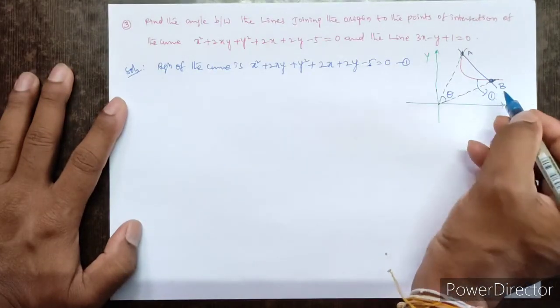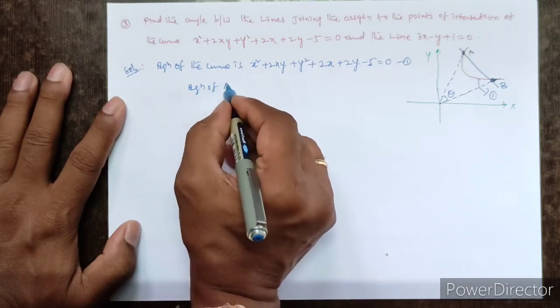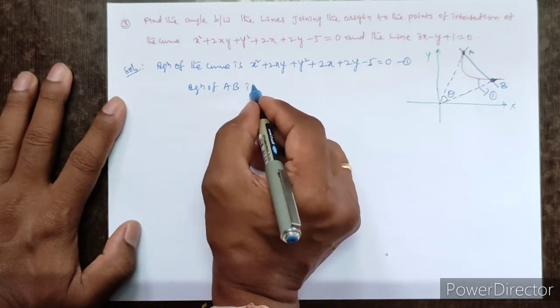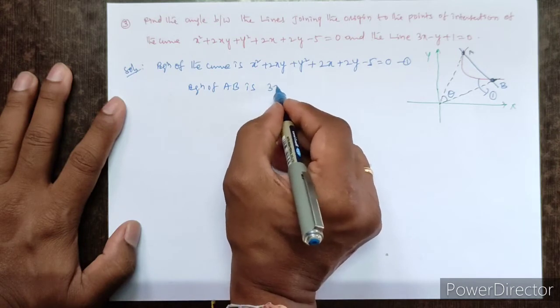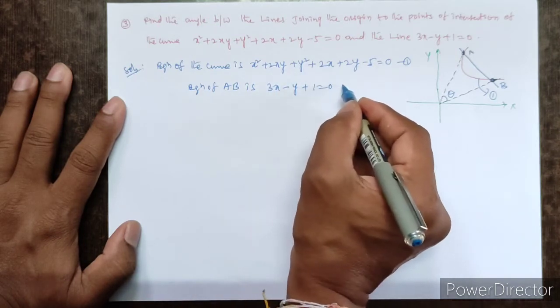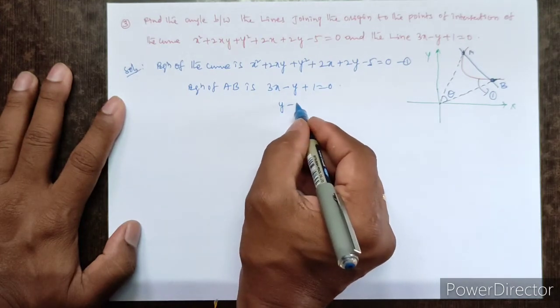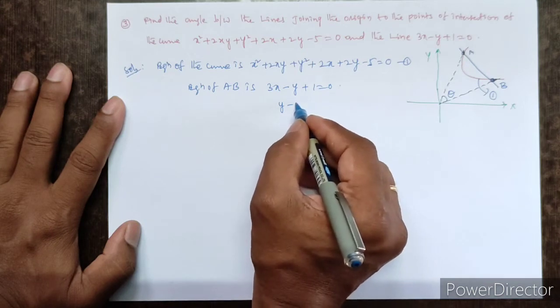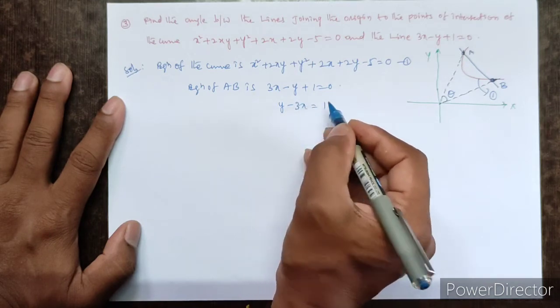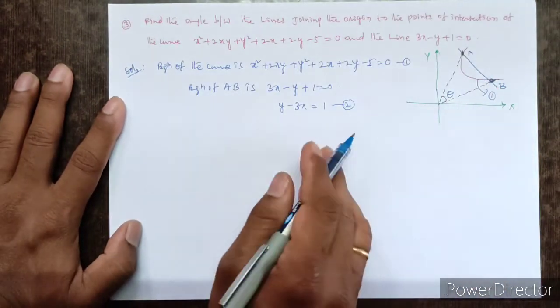That is the curve equation. Equation of AB is 3x minus y plus 1 equal to 0. So it can be written as y minus 3x equal to 1. This is equation number 2, which is nothing but the AB line.